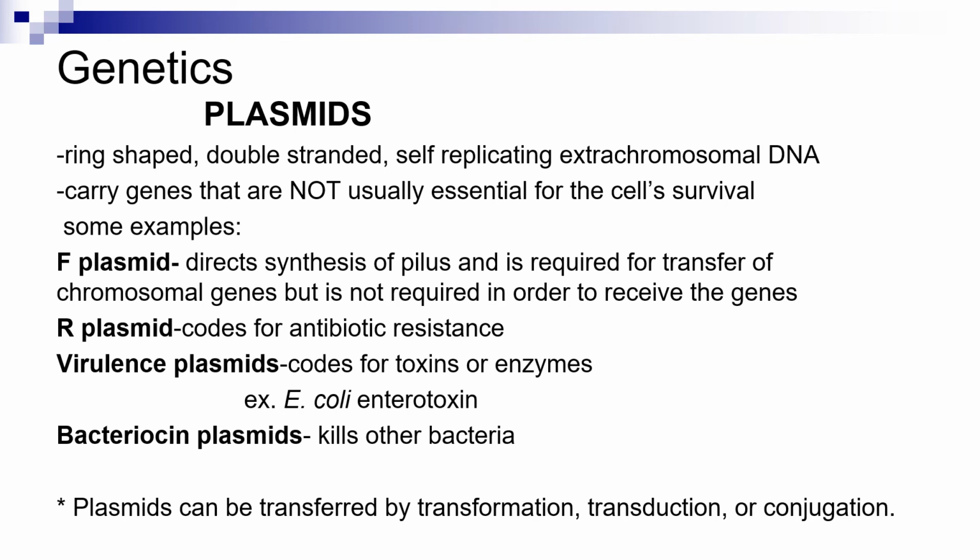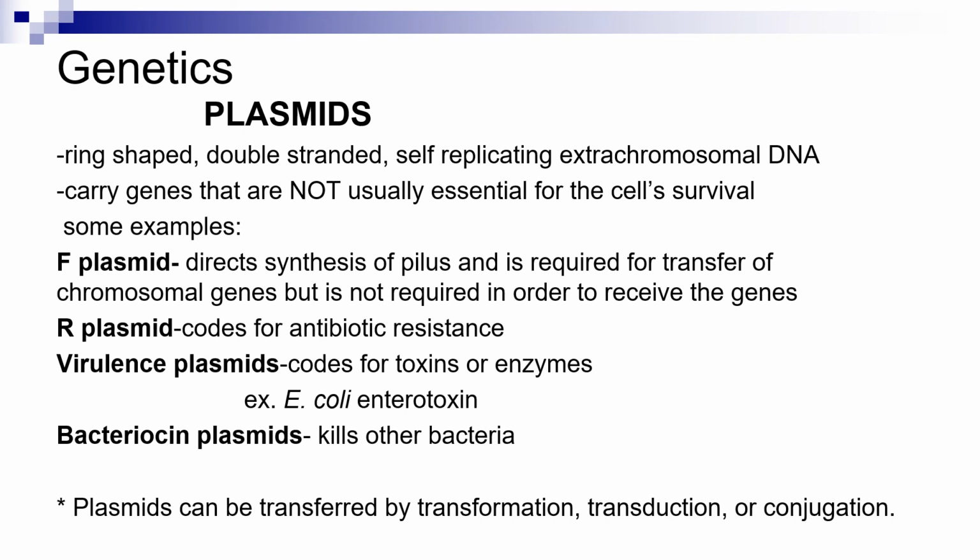And it carries genes that are not essential for the cell's survival, in most cases. Every once in a while, you'll have a plasmid that may be essential for the cell's survival, but usually plasmids are not. So there are different types of plasmids, and the ones that we most commonly will see are called an F plasmid.